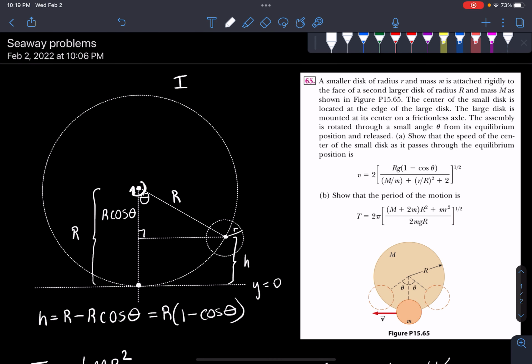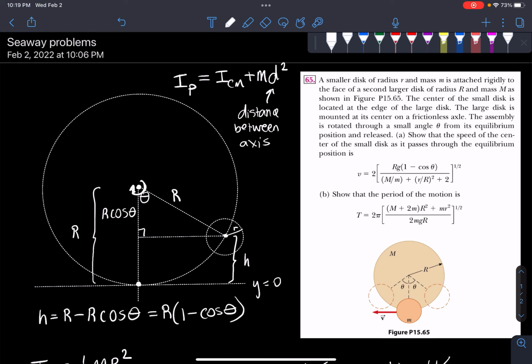So the moment of inertia about a parallel axis, I'll say P for parallel axis, is the moment of inertia about its center of mass, whatever that is, plus the total mass, I'll just say little m, but this is the total mass of whatever object we're talking about, times d squared, where d is the distance between axes.